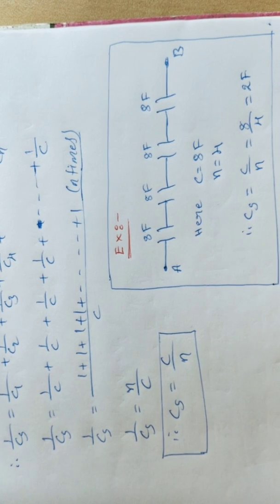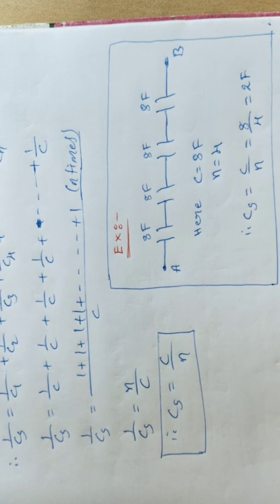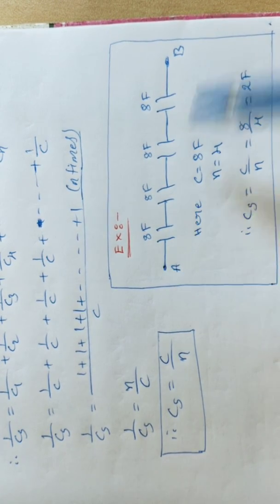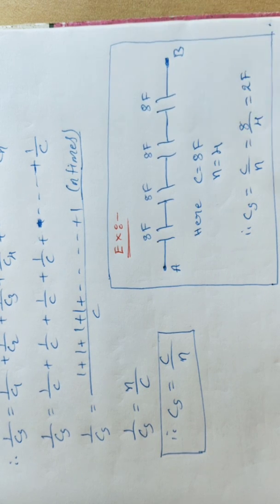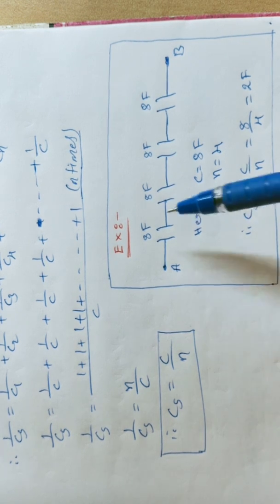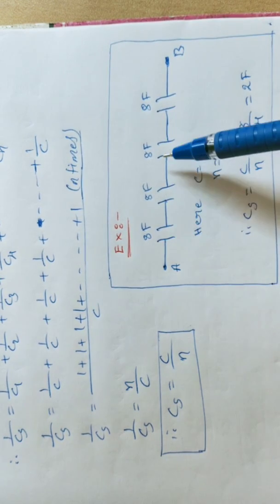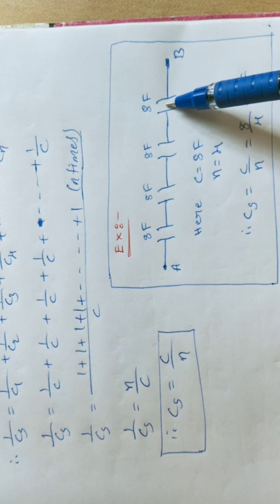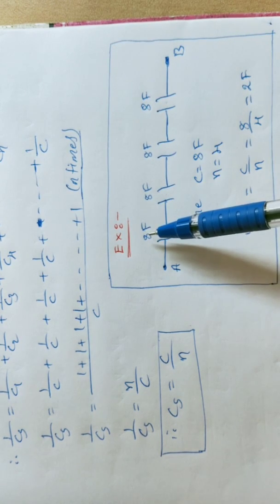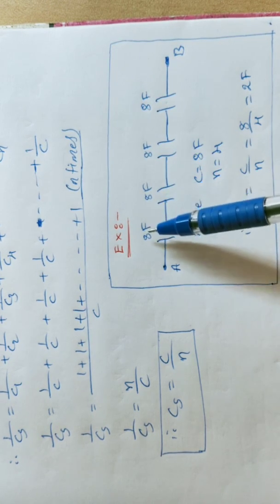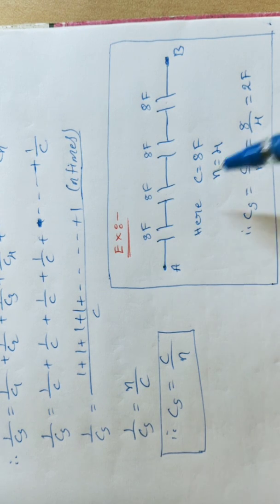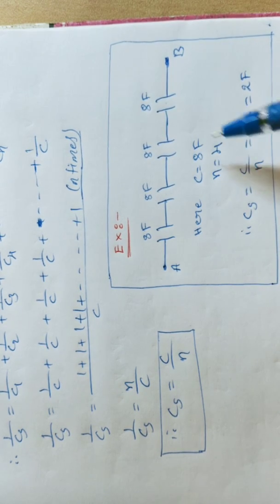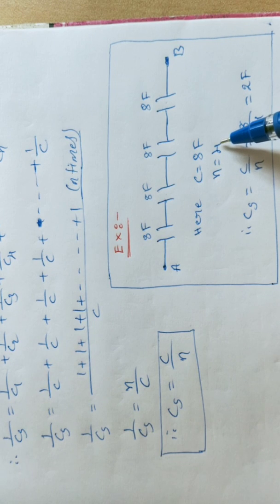Here we observe one small example also, friends. Between the two points A and B we want to find the effective capacitance. How many capacitors are present here? 4 capacitors. This is the 1st, this is the 2nd, this is the 3rd, and this is the 4th. All these capacitors have the same capacitance, 8 farads. So the capacitance value is 8 farads, and the number of capacitors is 4.